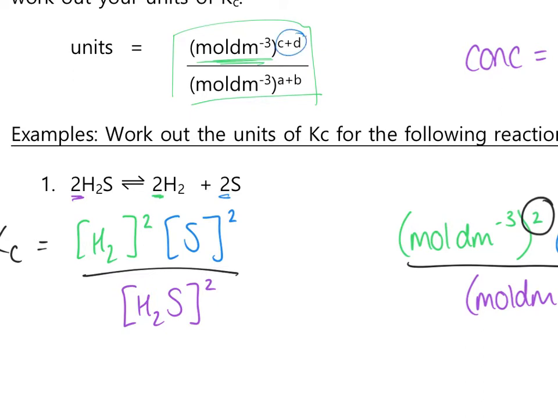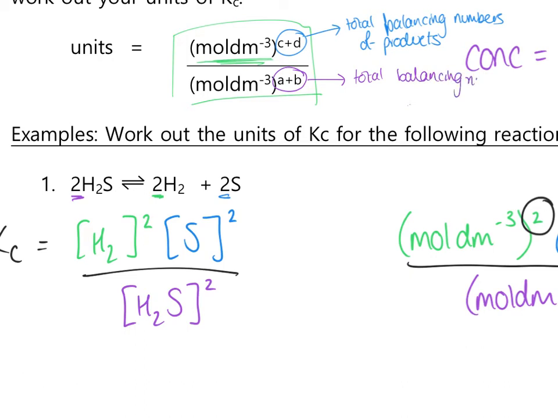What we mean by that is the total of the balancing numbers of our products. And that's all going to be over moles per decimeter cubed to the power of the total balancing numbers of our reactants.